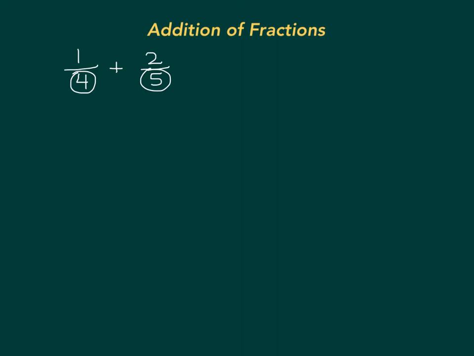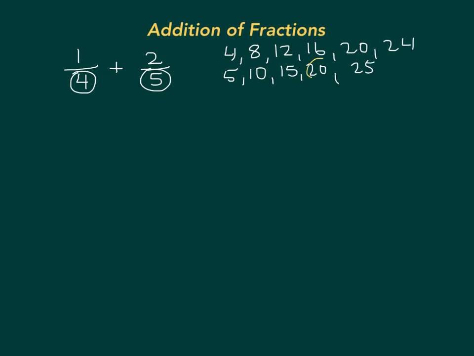If we go up in multiples of 4, we have 4, 8, 12, 16, 20, 24, and for 5, we have 5, 10, 15, 20, 25, and we can see that the lowest common multiple is going to be 20. So we can rewrite our fractions with the denominator being 20. So something over 20 plus something over 20 will give us our answer.